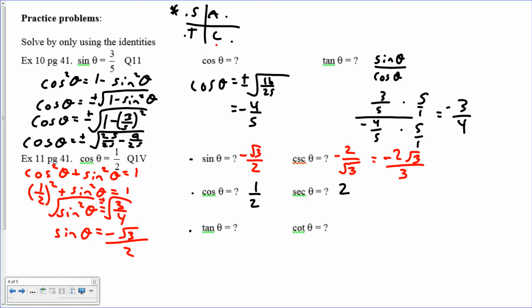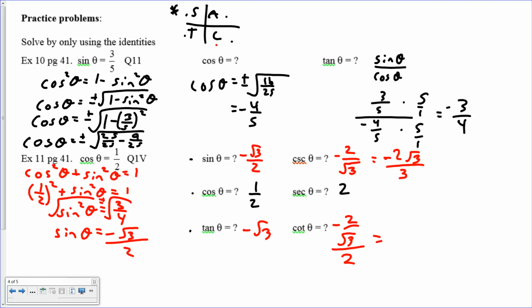The tangent, you're just dividing them down. This becomes negative square root of 3, and this becomes, I'll just write it down to make it a little bit easier. And then you could actually multiply by, well, you could multiply the top.